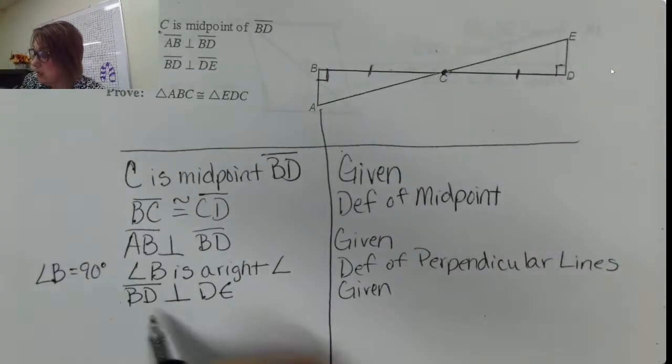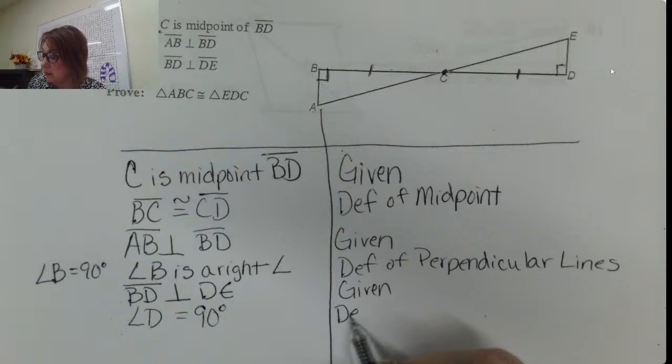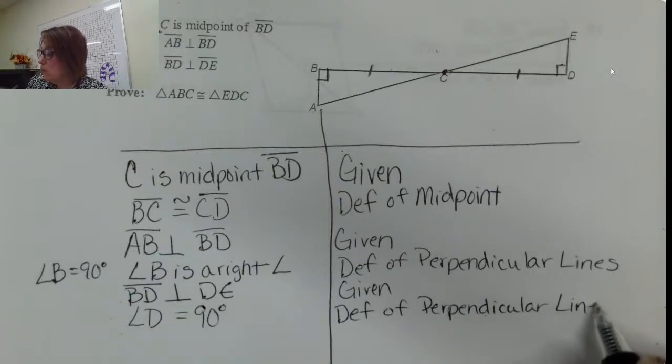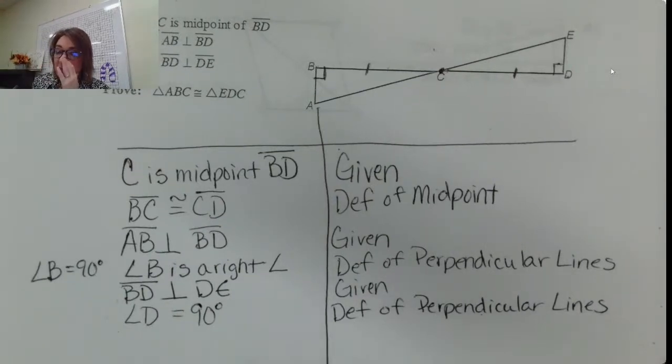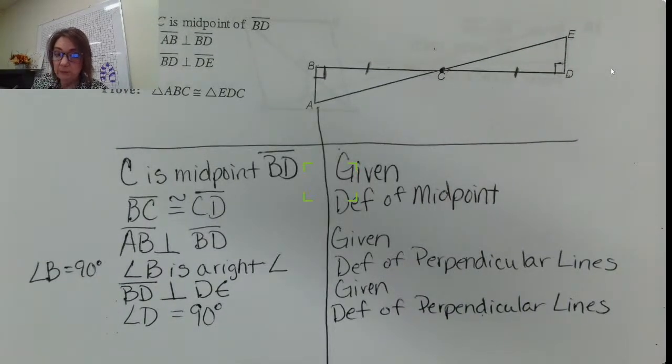So our next statement is angle D is equal to 90 degrees, or angle D is a right angle. Either one of those is fine. How do we know that? Same reason. Definition of perpendicular lines. I'm writing it all out so nobody is confused about what I'm writing, but you can abbreviate and that's fine.